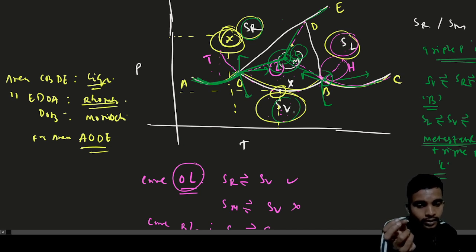So this is, let's say, SB, and this curve comes because of this. So let's say this is SL, and this curve comes because of this.